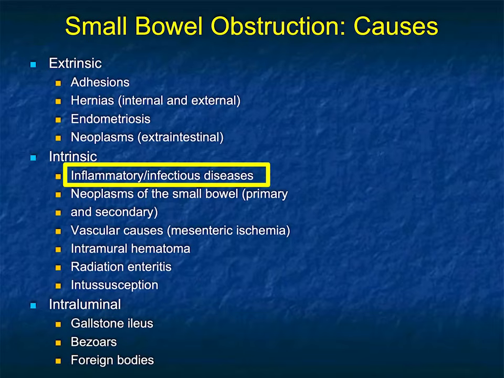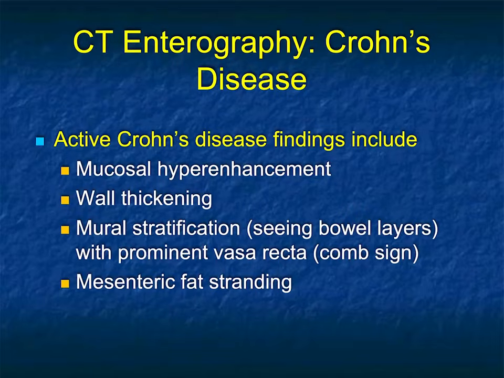Now, one of the other things, of course, we talk about with small bowel obstruction, again, looking at the range of processes from extrinsic, intrinsic, intraluminal, and we just looked at a lot of cases of primary tumor. But another thing to look at very carefully are the range of processes, what I would call inflammatory and infectious.